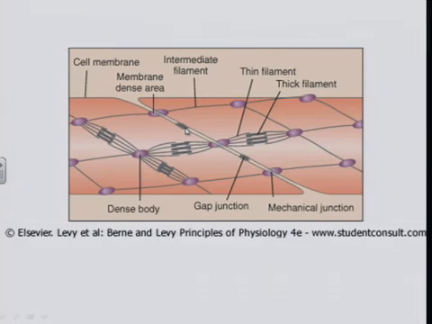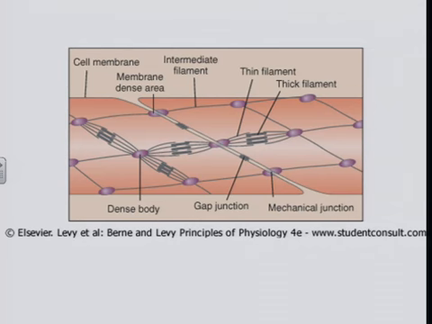A syncytium meaning same cell-like. They are separate cells, but they're electrically connected in order to act in a coordinated fashion, and mechanically connected. So we have these dense membrane areas with different sorts of connective proteins, which actually span this gap, providing mechanical connections. And you can see that the contractile filaments are anchored to them.